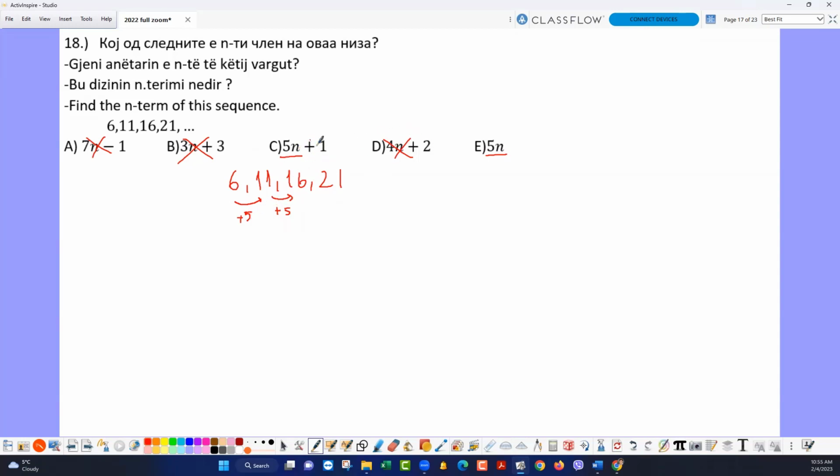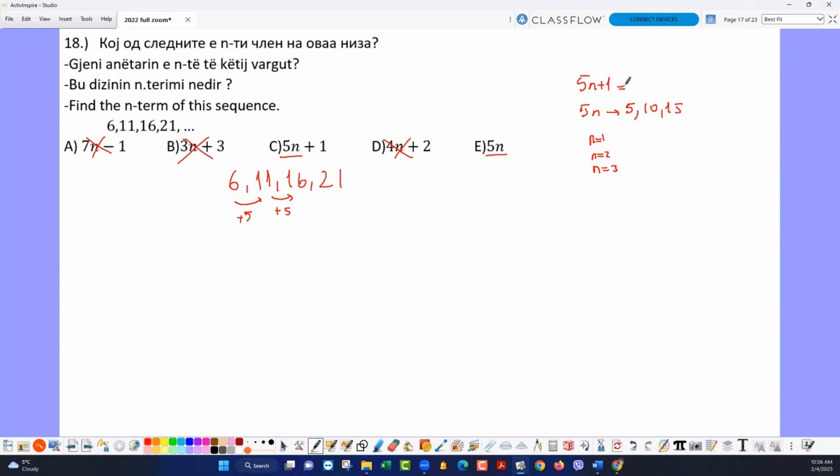So if you construct with 5n plus 1, or if you construct with 5n, I'm going to show the cases n equal to 1, n equal to 2, and n equal to 3. When n is equal to 1, it's 5 times 1, 5. 5 times 2 is 10. 5 times 3 is 15.